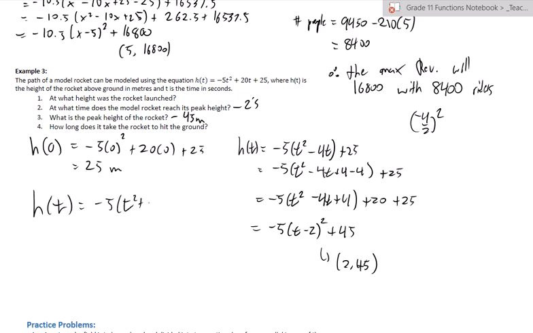T squared minus 4t, and then minus 5, is a nice simple trinomial that gives us negative 5 times (t minus 5) times (t plus 1). So t equals 5, and t equals negative 1. Negative 1 does not work. It's back in time, so it takes 5 seconds to hit the ground.